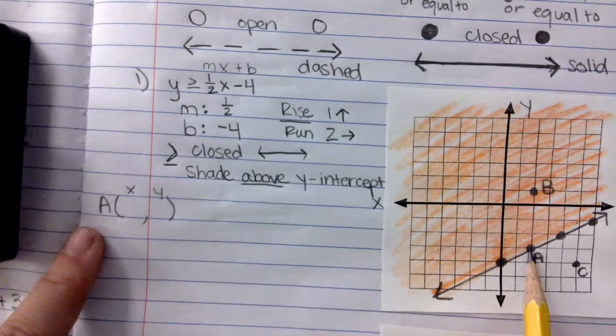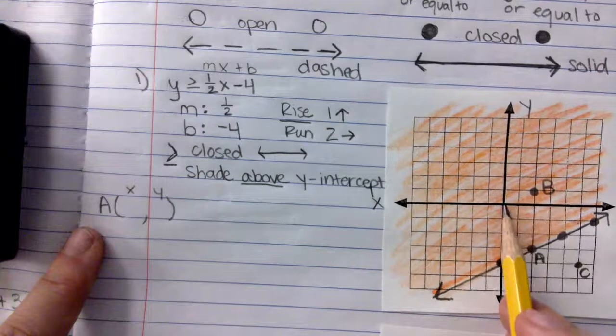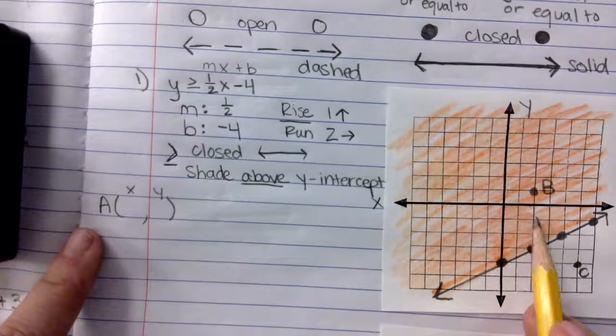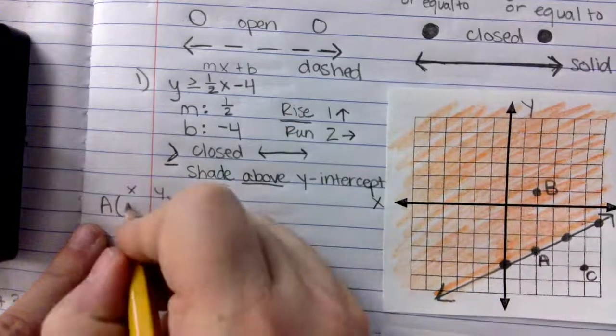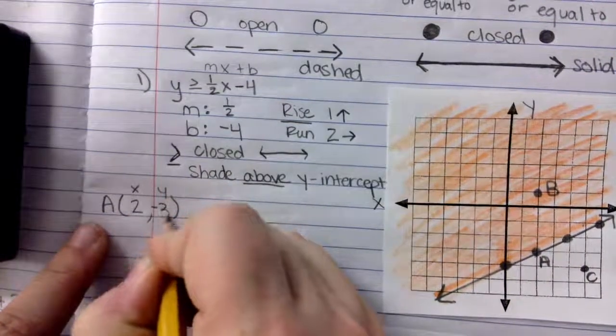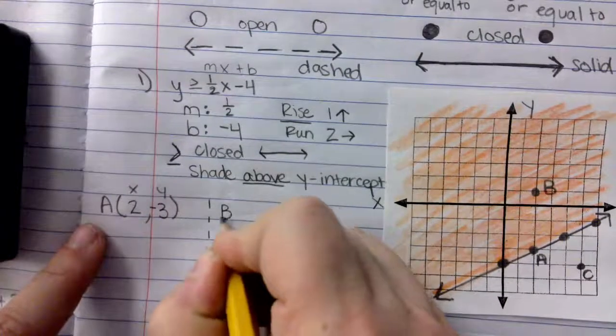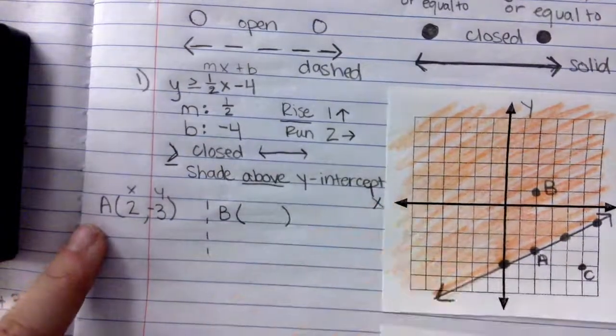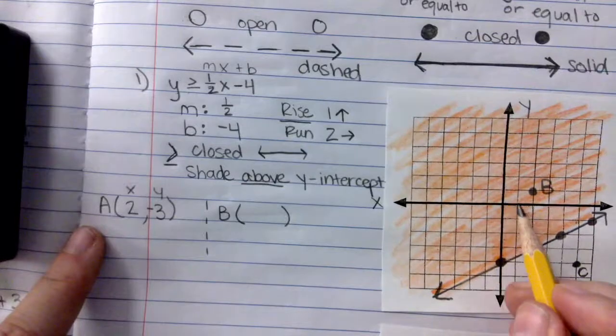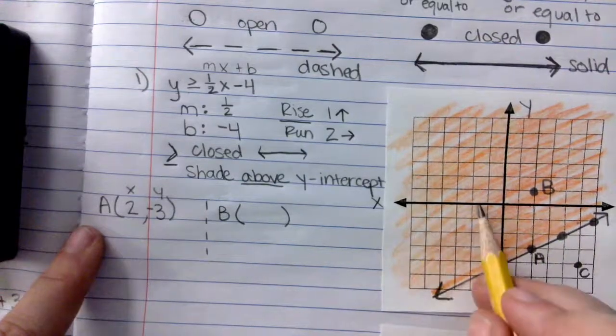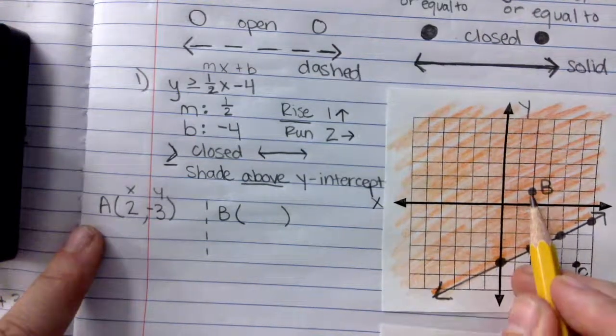What's my B? X first. Yep, X is 2, then up 1. And then my C? Good, we went right 5, down 4.